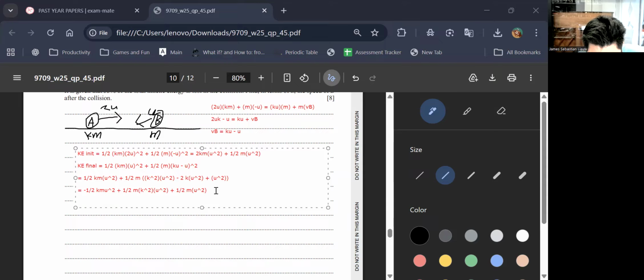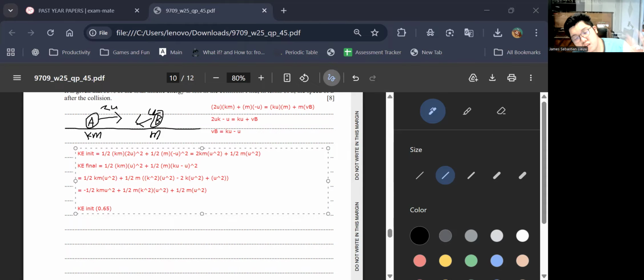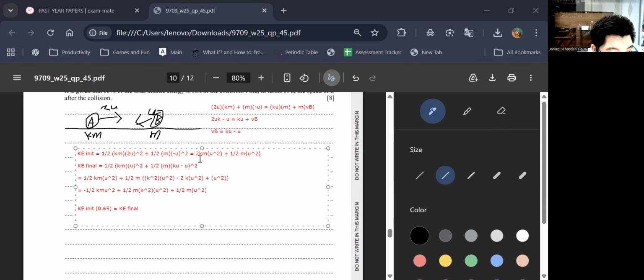Okay, so KE initial times 0.65, because it says 35% of the total energy is lost. So that is the remaining amount of energy after the collision. It goes to KE final.